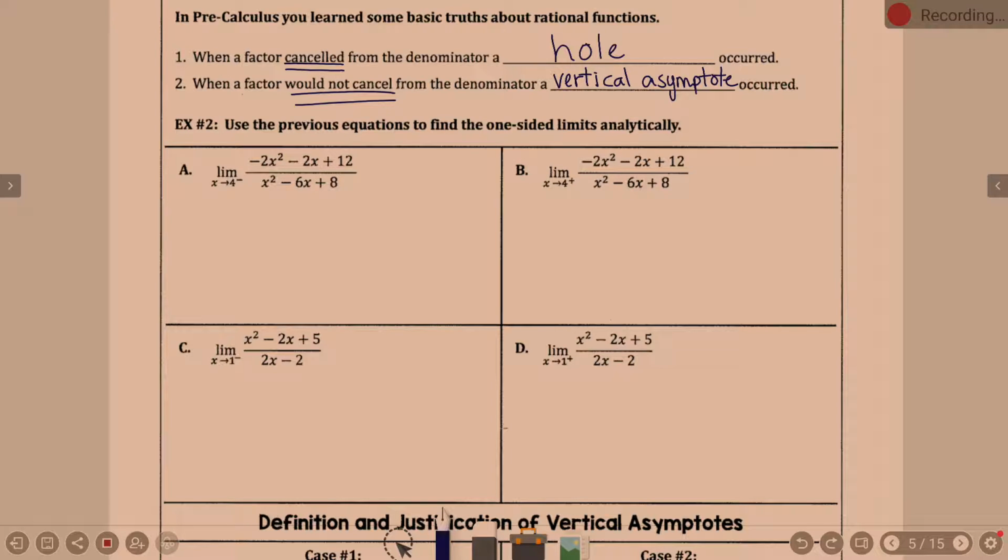If we put 4 in as is, guess what's going to happen? We're probably going to have a 0 over 0, is my guess. So, what are you guessing we could probably do here? Could we factor? Now, the first thing I would do is factor a negative out front.